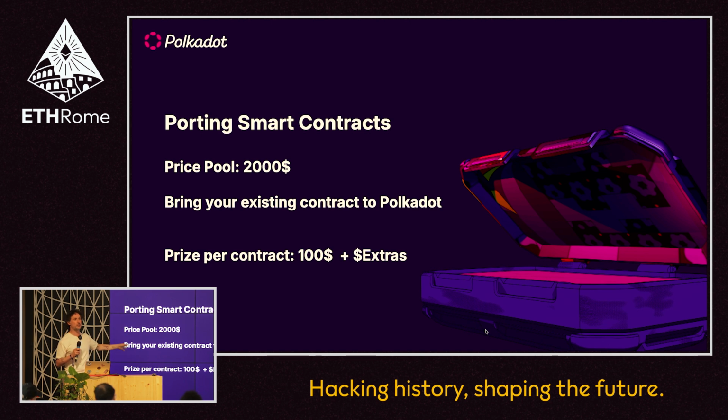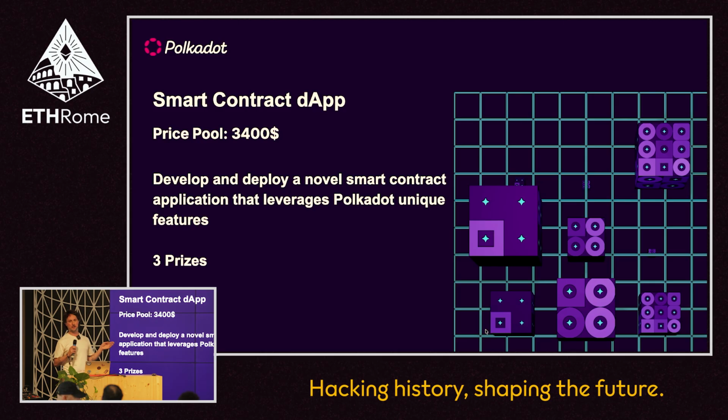This will be a short version. You have all the evaluation criteria and what we are trying to prize in the hacker guide that ETHRome provides. So this is the first one, beginner friendly, or more for people who are more scientific or analytical. The second one is the usual hackathon track.